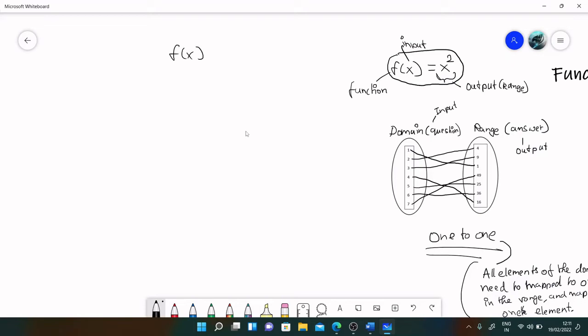As we discussed previously, f represents a function, x is our input, and 2x is our output, basically our range.